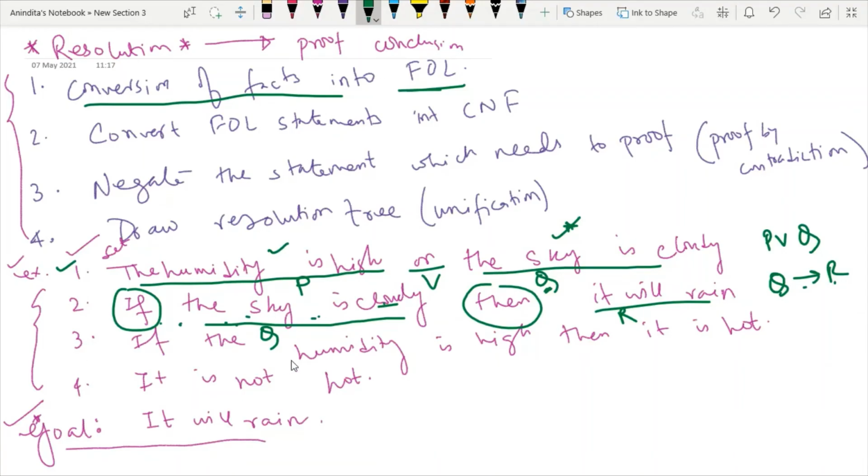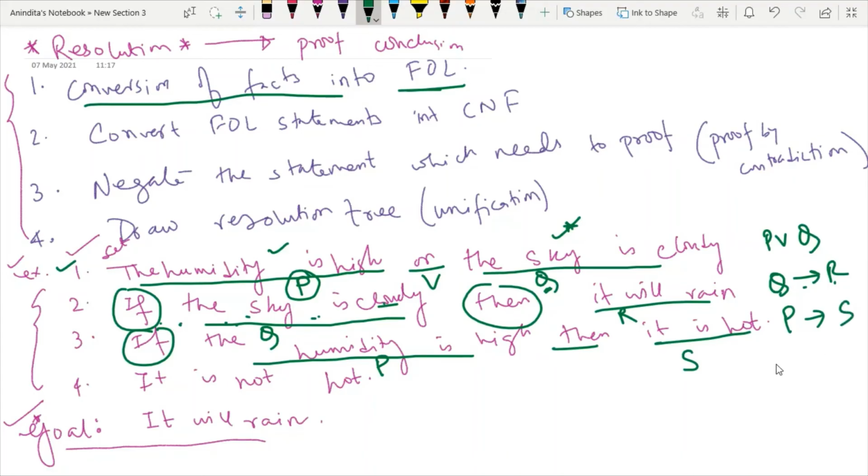So now consider the humidity is high. The humidity is high, according to the first fact, is considered as P. And then it is hot. It is hot is a new statement, so I consider it as S. Since we have if and then, I will write: if the humidity is high, then it is hot.